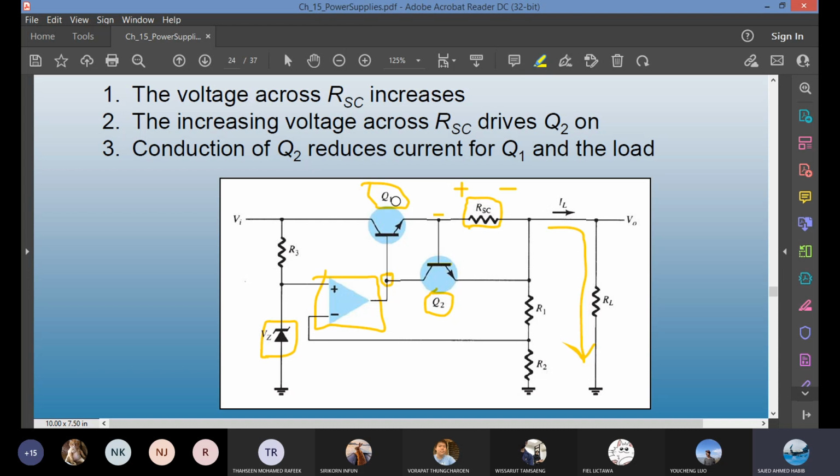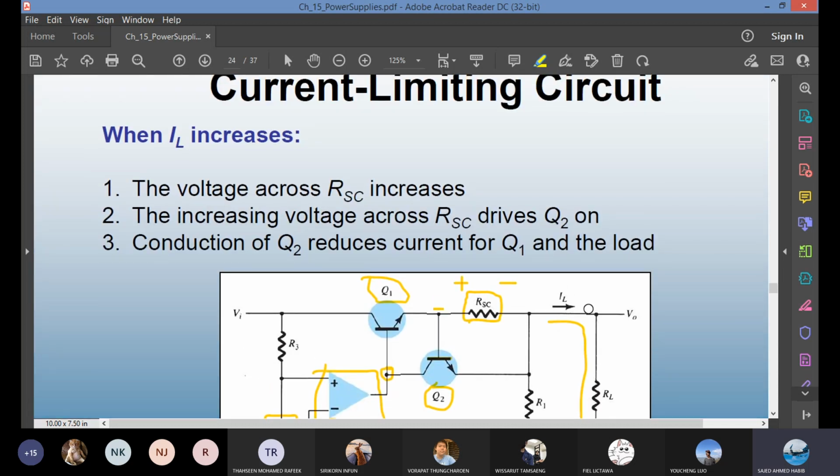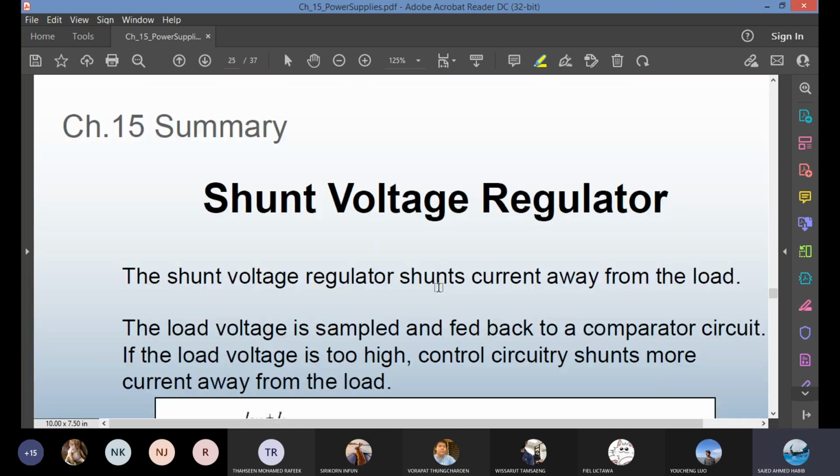So Q1 conduction will go up and it will supply more current across the resistor, which eventually will go through the load resistor as load, and then your voltage will be up. This is another way of maintaining the output voltage through current limitation.